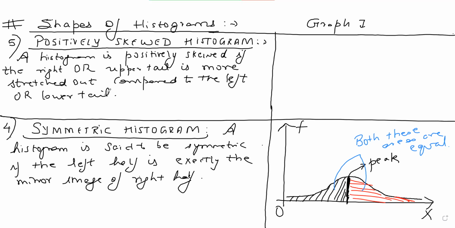So I can say that a histogram is a positively skewed histogram if the right tail or the upper tail is more stretched out compared to the left or the lower tail.